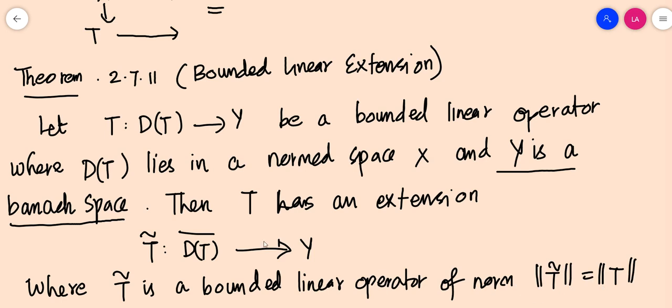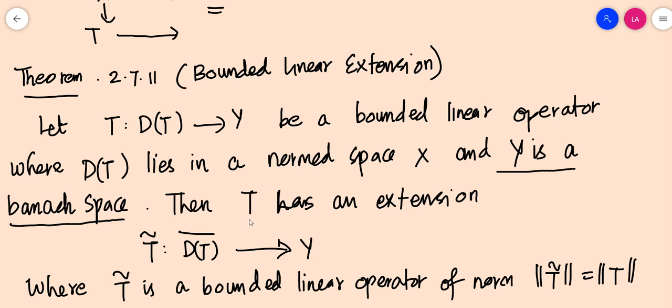This is the theorem. It states that if you are given an operator T from D(T) to Y, where D(T) is a subset of a normed space X and Y is a complete normed space, or a Banach space, this argument is very important. You should not consider Y as just a normed space. It should be a complete normed space, where T is a bounded linear operator.